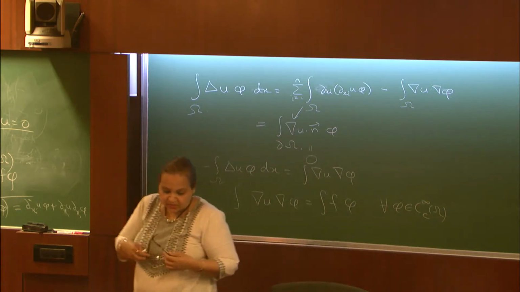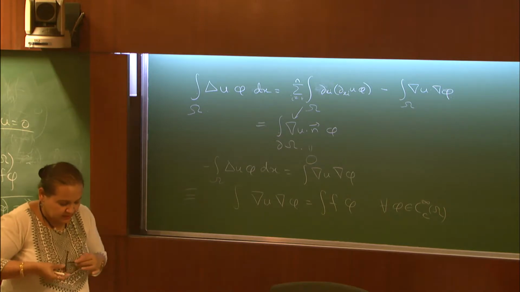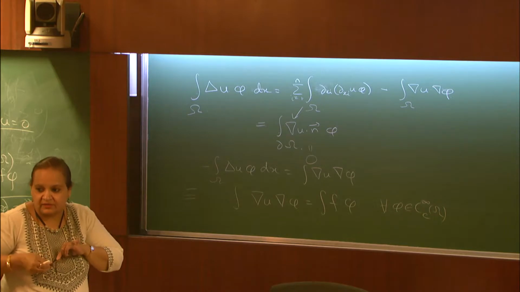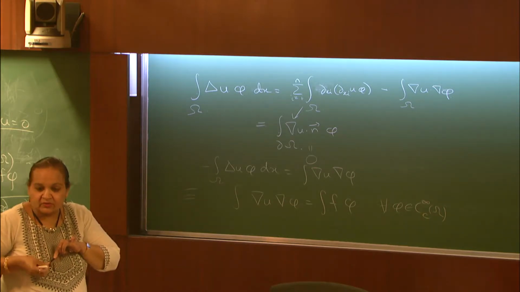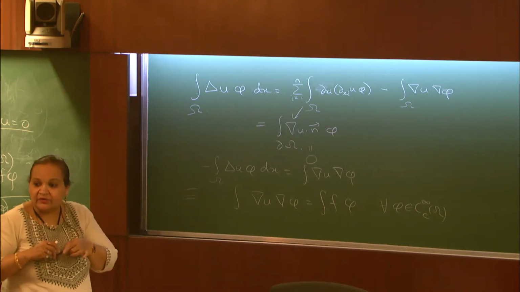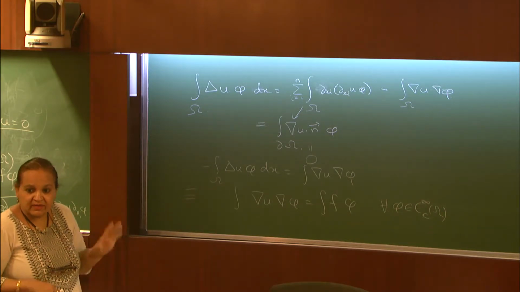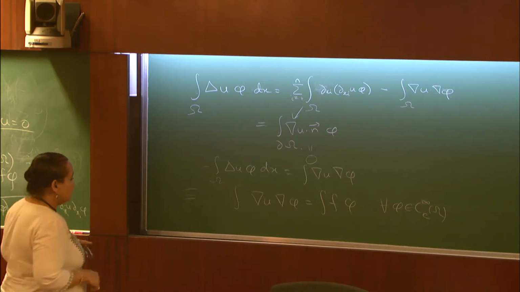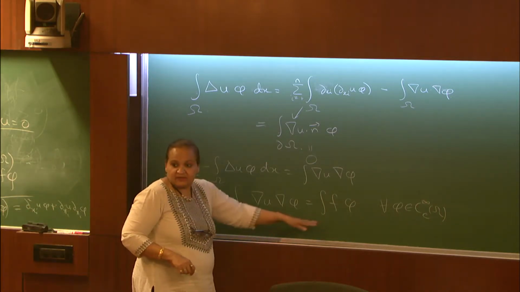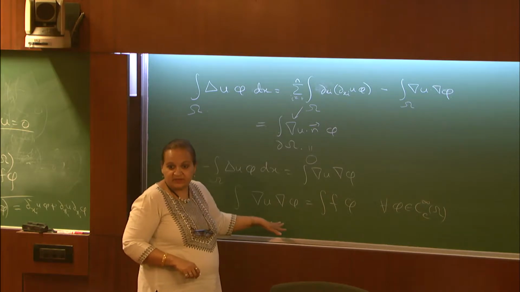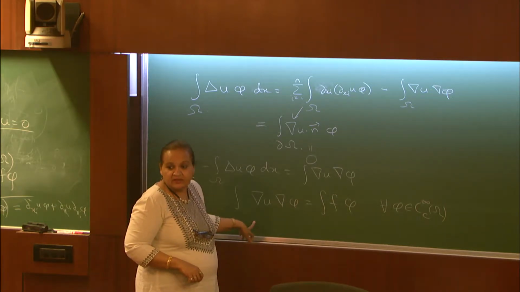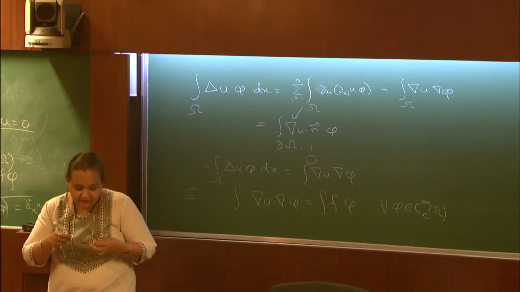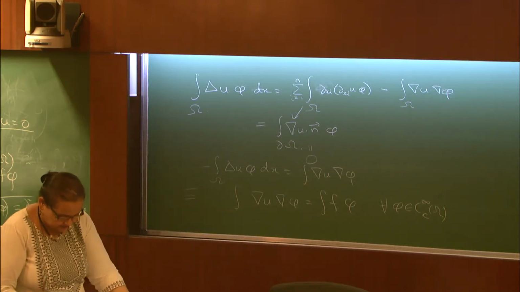So this is in fact what is called a weak solution. If we are able to find u in some space, I have not defined that space as yet, such that this particular equality is satisfied, then u is said to be a weak solution of the given differential equation. So I will write down the definitions.